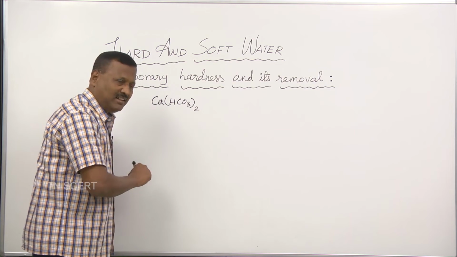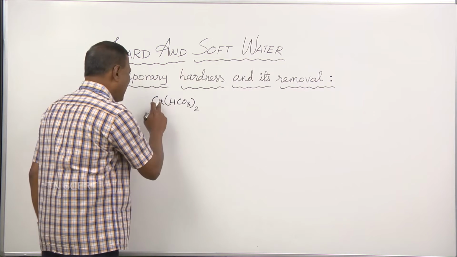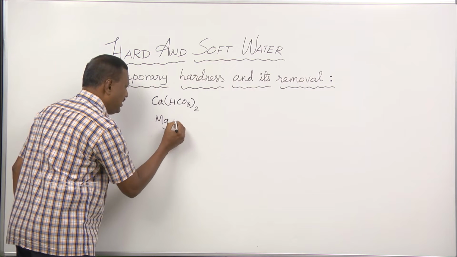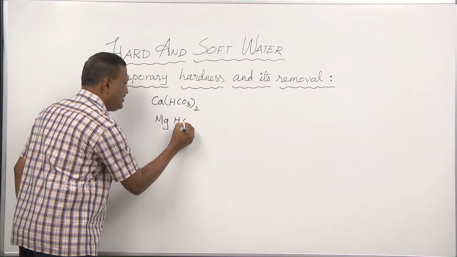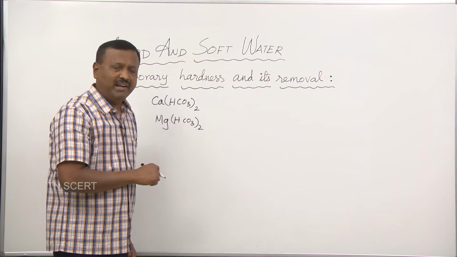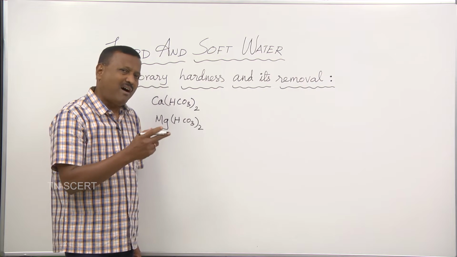Why twice? Because the valency of calcium is 2. Magnesium bicarbonate is Mg(HCO3)2. These soluble bicarbonates when present in water make the water hard.